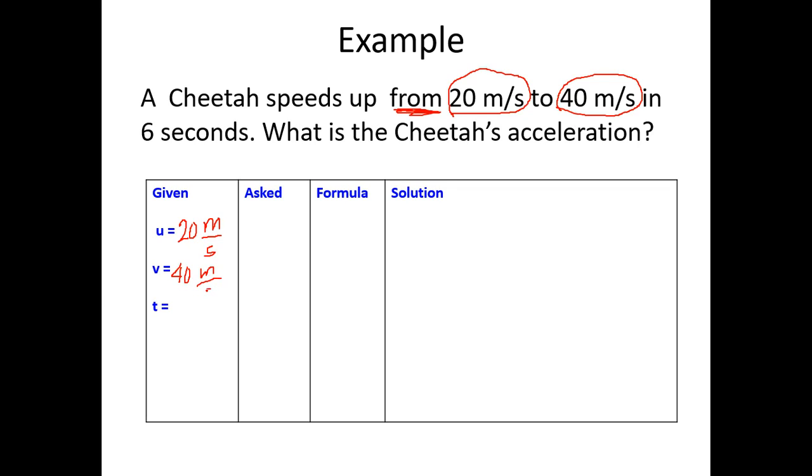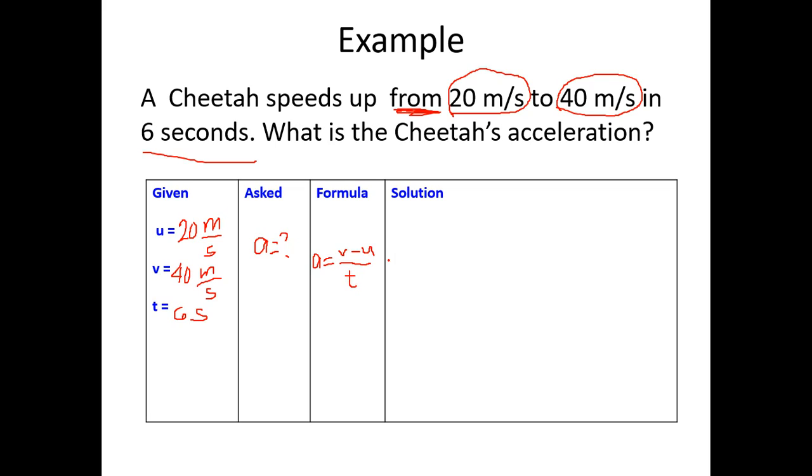And how about your time? It's right here. Time is 6 seconds. So therefore, your time is just equal to 6 seconds. What is the cheetah's acceleration? The cheetah's acceleration is what is asked. Now, of course, your formula will still give you a is just equal to v minus u over t.